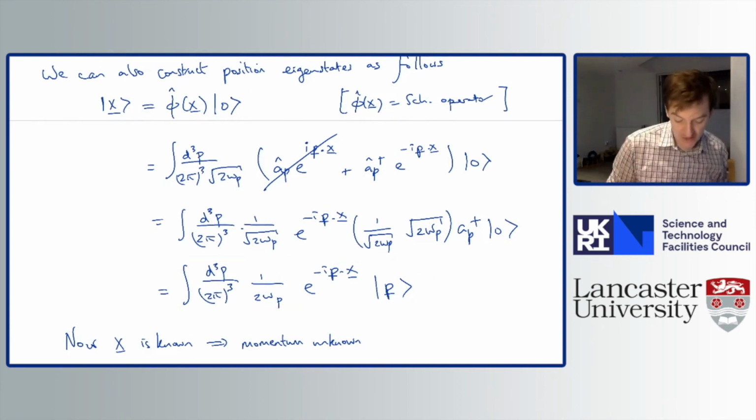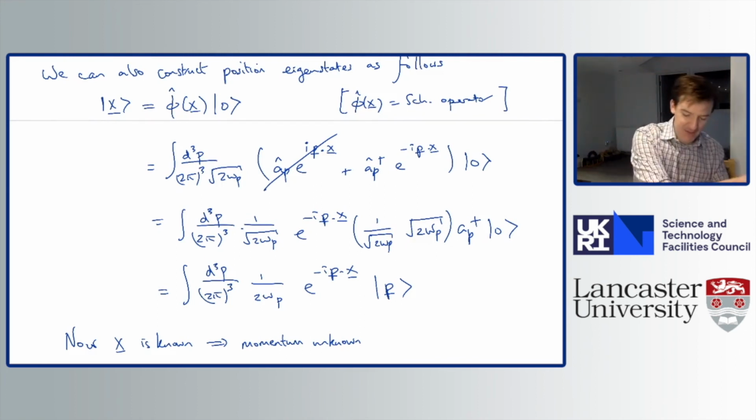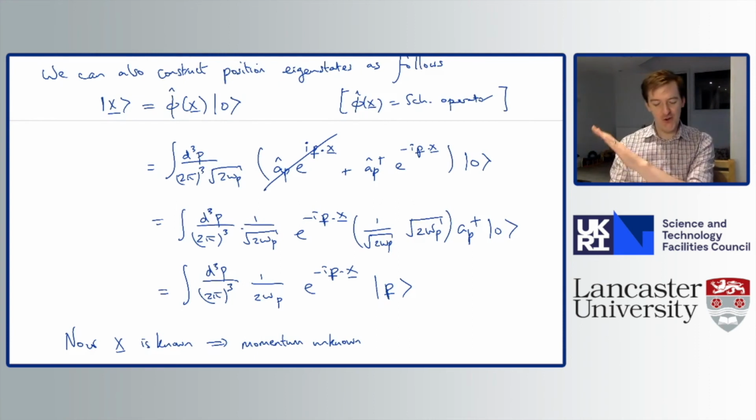That is what this integral is doing. You can use either of these pictures. You can use a momentum eigenstate, but then its position is unknown. Or you can use a position eigenstate, but then its momentum is unknown.